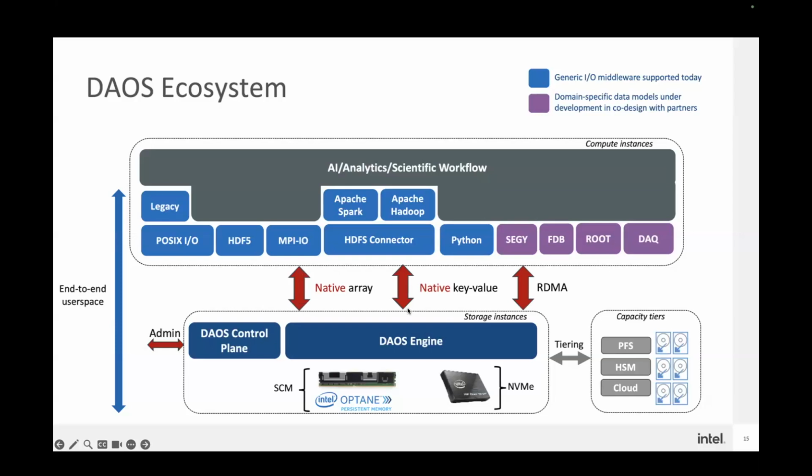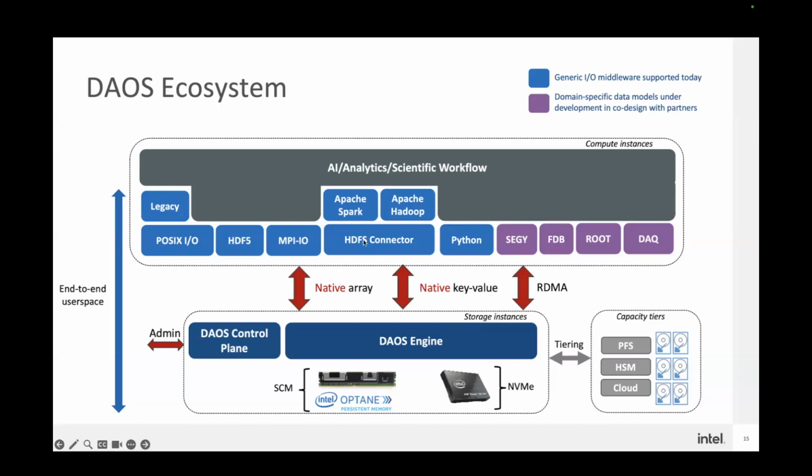On the top side of these red arrows is the user-facing client side of DAOS. Some of these blue boxes, I talked earlier about DAOS presents a native key value interface and then allows domain-specific containers to be used to access the KV.